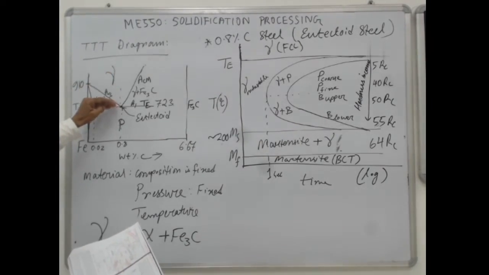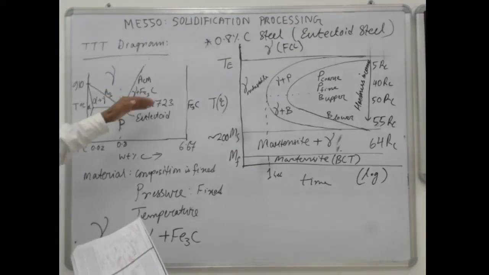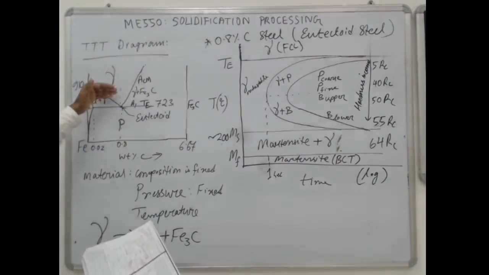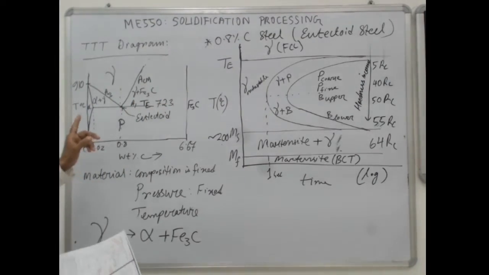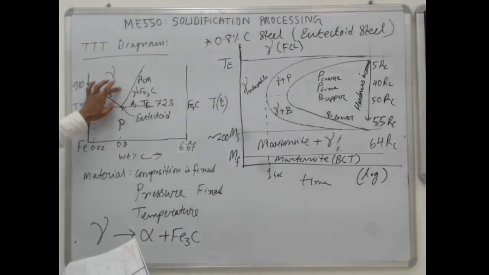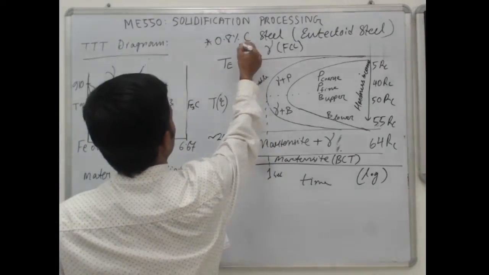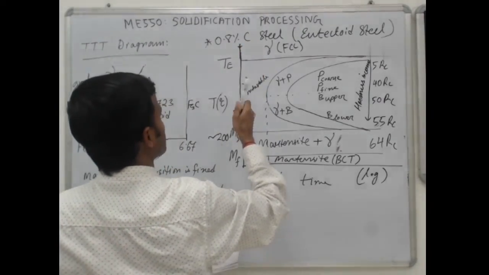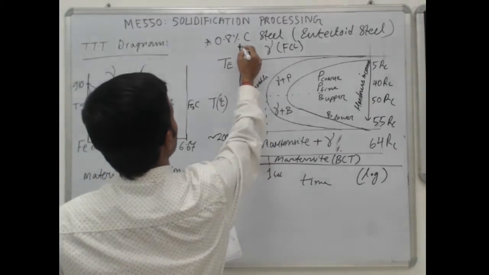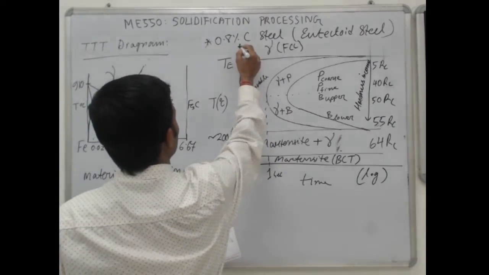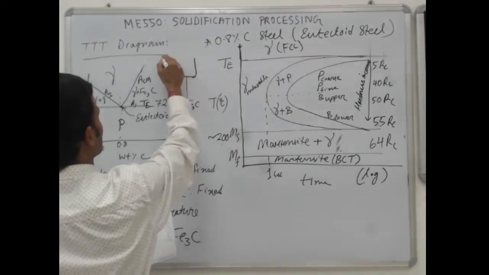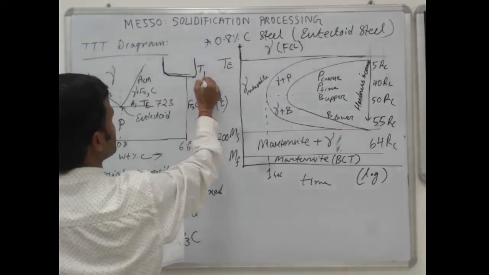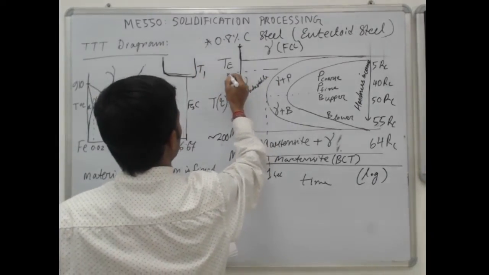So your temperature has to be above 723 degrees, plus the superheating that is required, that we have discussed earlier. Now what will happen? You have austenite, so you are here. Suppose you have a bath, with temperature, say, T1, somewhere here.